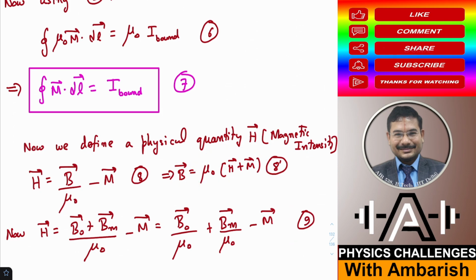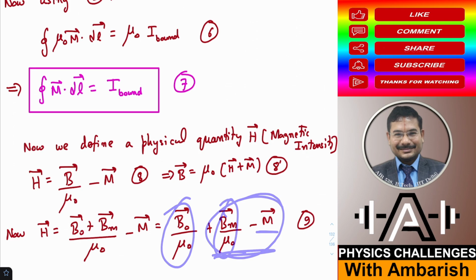Okay. So now this B vector is B naught plus B due to magnetization. So I take mu naught here and write B as the summation of B naught plus B magnetization upon mu naught, and then I take this m here. So H vector is nothing but B naught plus B due to magnetization upon mu naught, minus this m vector, right? Just rearrange equation 8 prime. So this becomes B naught by mu naught plus Bm upon mu naught minus m vector, right?